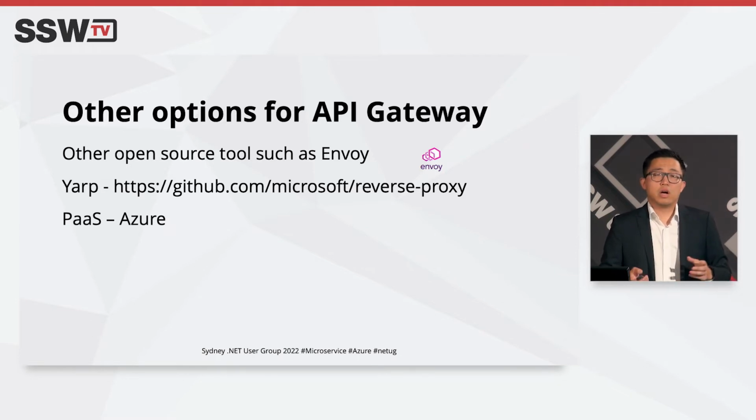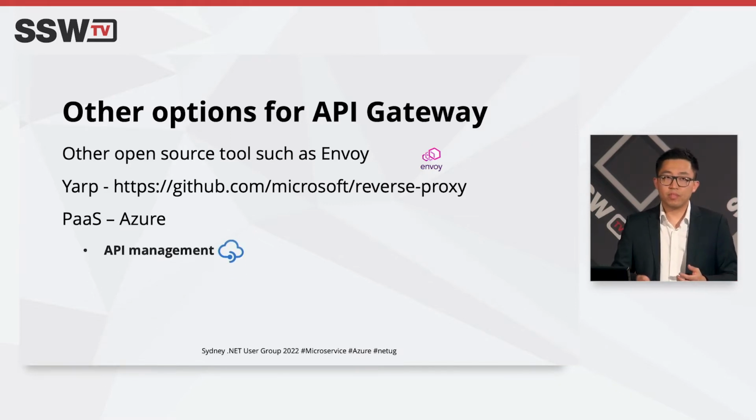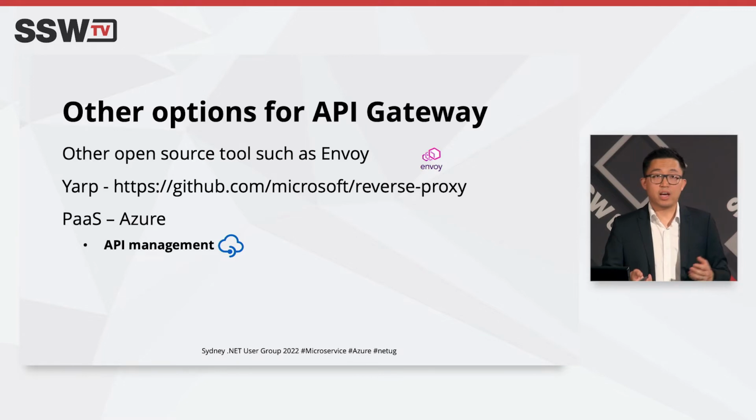Now, we can build our own API gateway from the ground up. We can also leverage PaaS services on Azure. The first one, my favorite, is API Management. It has a lot of great features out of the box, and it's a platform as a service, so you don't need to worry about the reliability, the hosting, and all that.